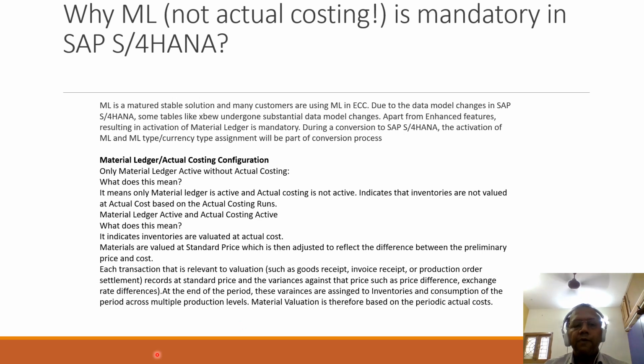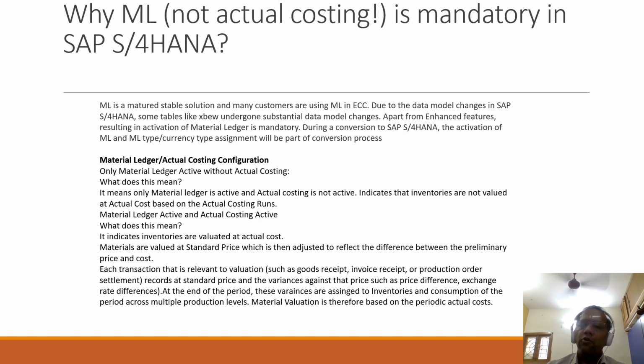So now we understood that each transaction is having a goods receipt, invoice receipt, and a production receipt. When a goods receipt happens, it will go to the production. We will raise a production order. When we do the production order, it will go to the work in progress.